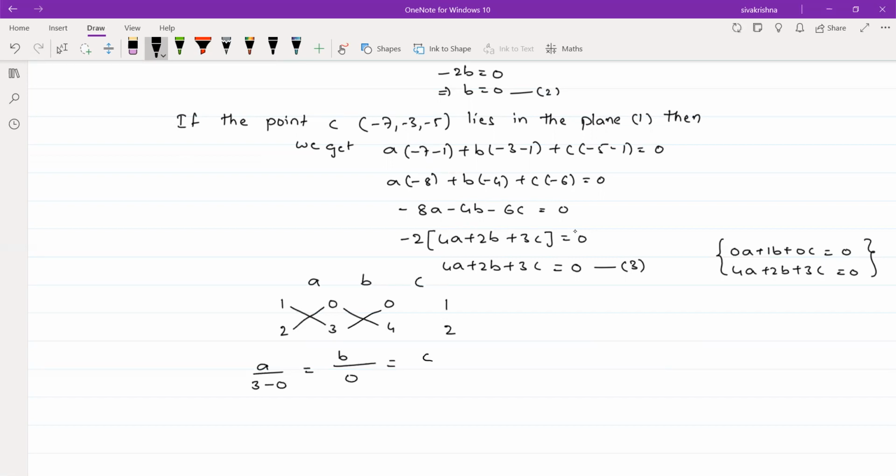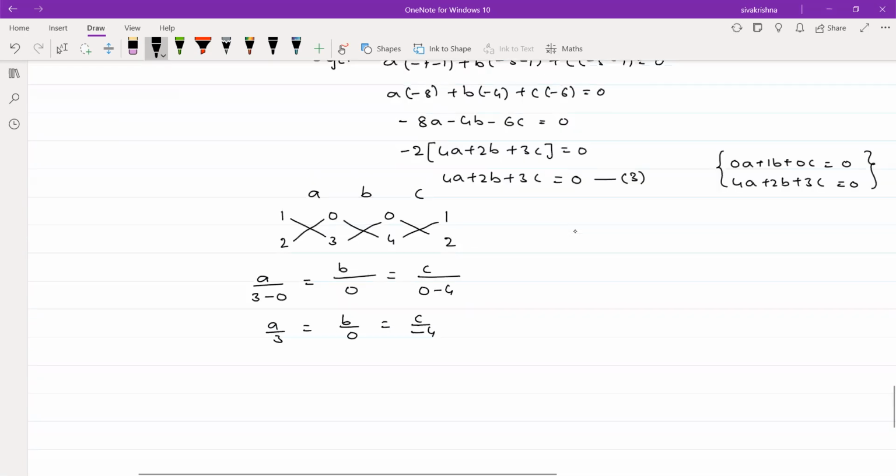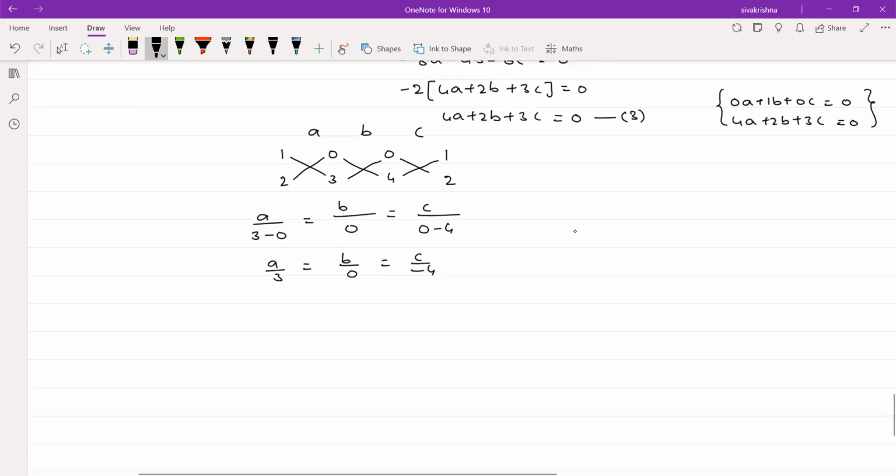This is equal to c by 0 into 2 minus 4 into 1, which means 0 minus 4. So finally we get a by 3 is equal to b by 0 is equal to c by -4. The values are 3, 0, -4. Therefore, a is equal to 3, b is equal to 0, and c is equal to -4.